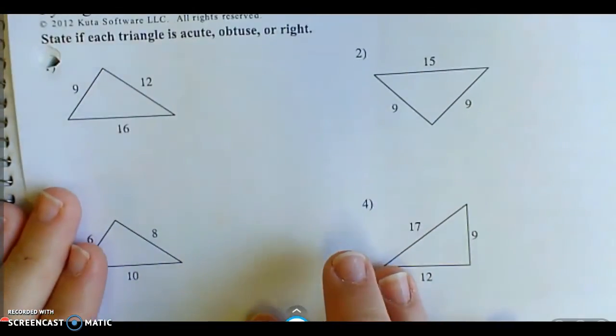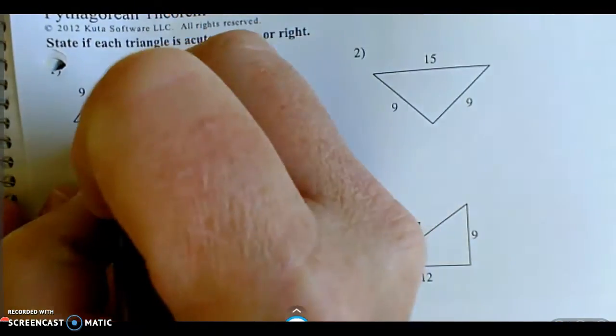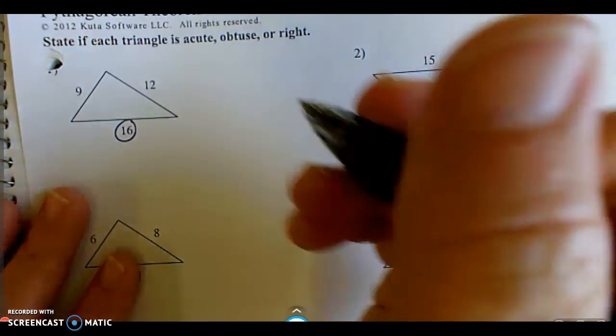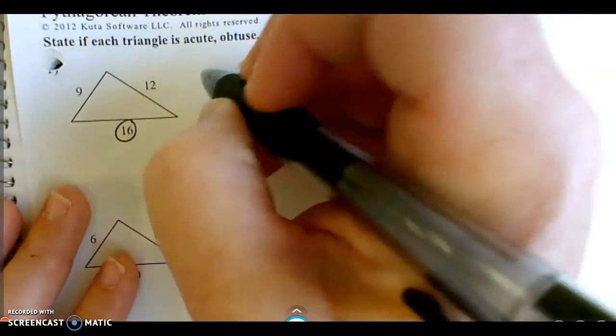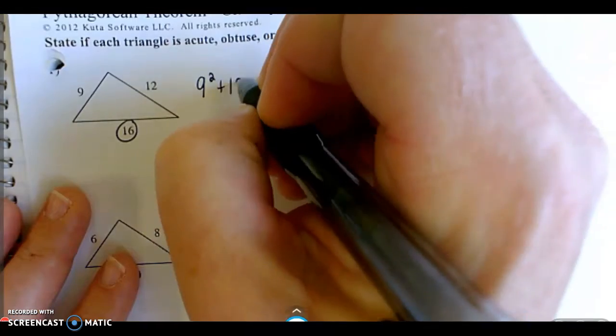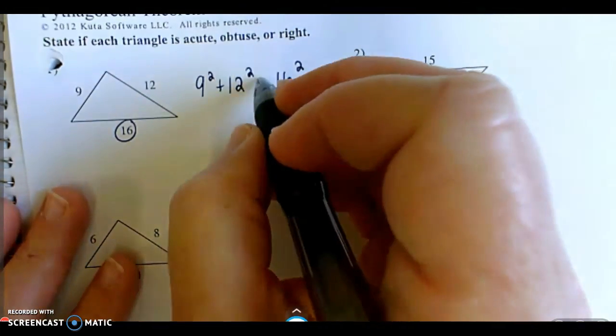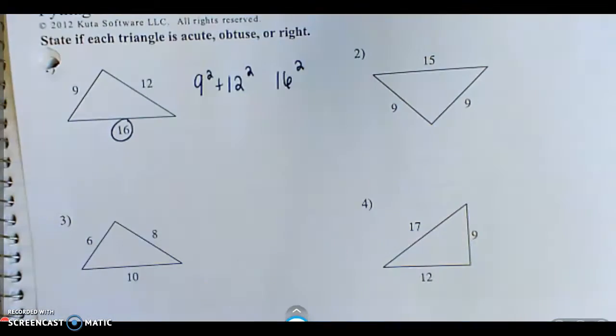Okay, so here's what we want to do. The biggest side is 16, so I know that that is the c squared. Okay, so the other two sides are a and b, so we would have 9 squared plus 12 squared, and then 16 squared. Okay, we don't know if it's equal yet, so I'm not going to write the equals.